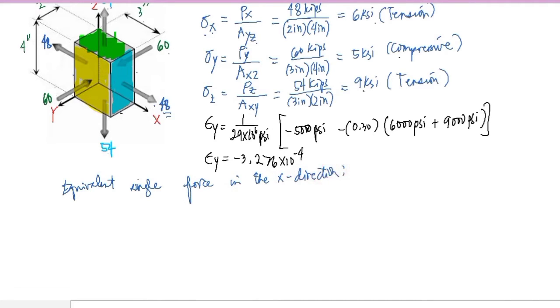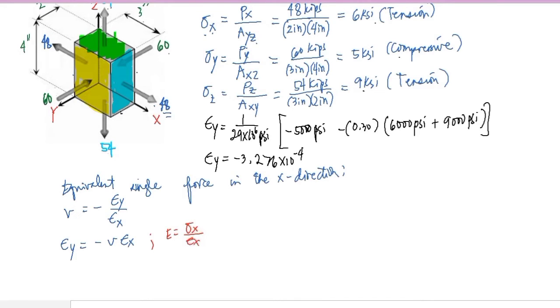we use the relationship between the strain in Y and the strain in X, which is from the definition of the Poisson's ratio, negative of the ratio of the strain in Y and the strain in X. So therefore, the strain in Y is just equal to negative Poisson's ratio multiplied by the strain in X. And we know that the modulus of elasticity is equal to stress over strain.